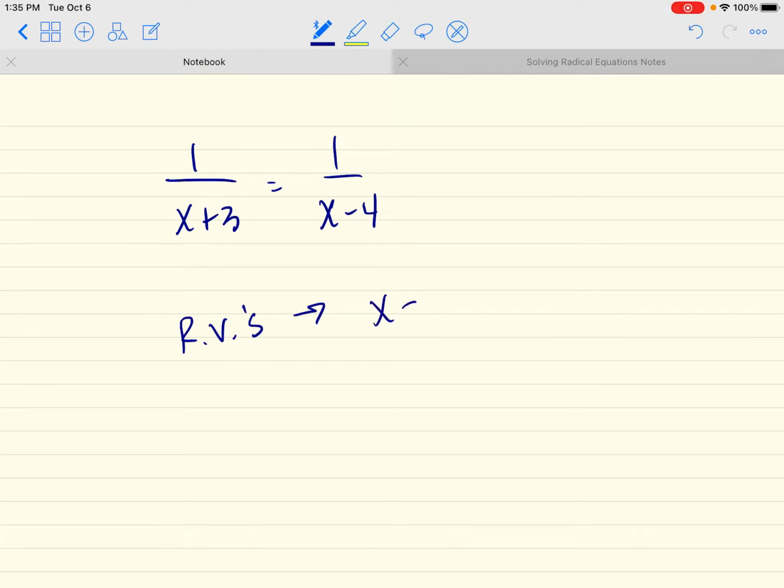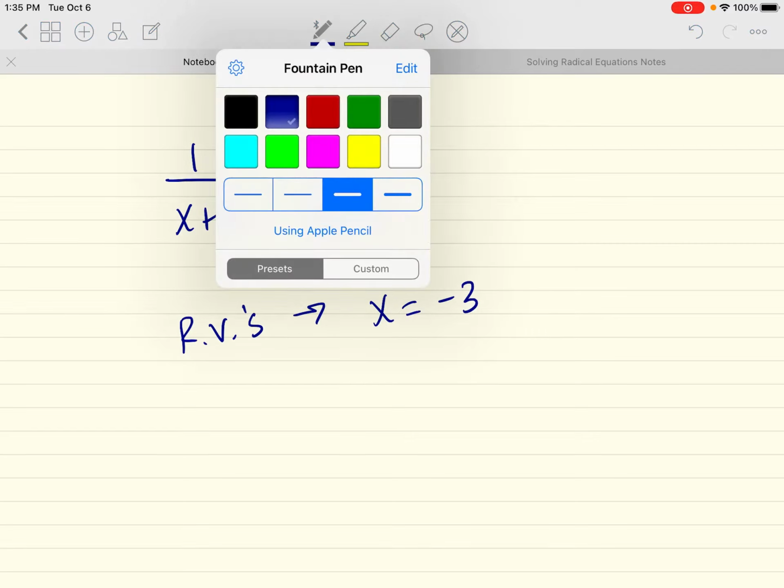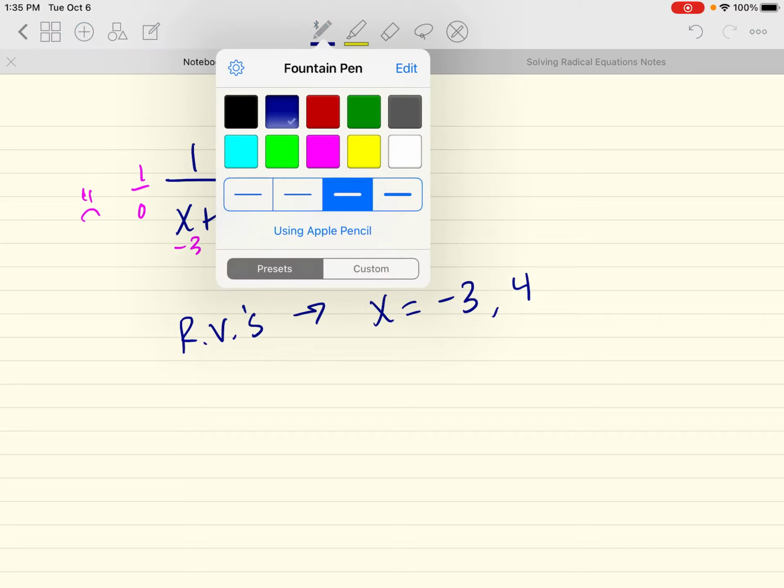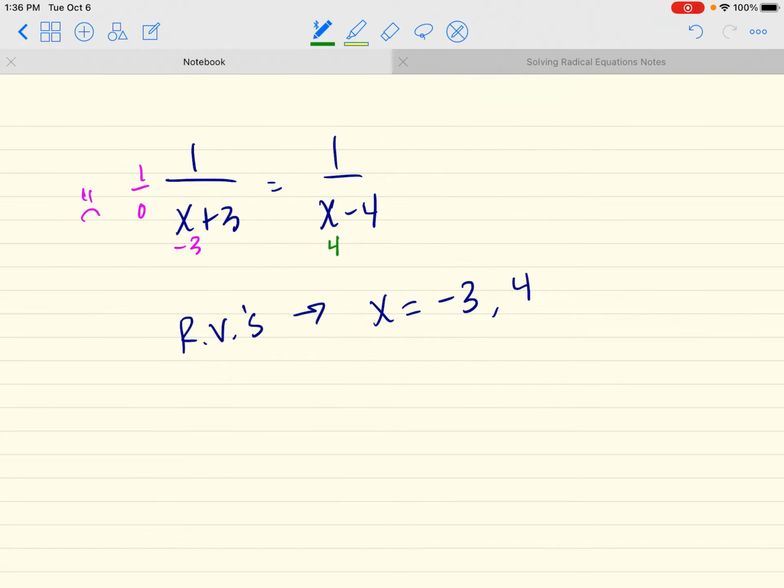We said x could not be a negative 3, because a negative 3 and positive 3 would make this denominator equal 0, which was no good. Okay, and we said x could not be a positive 4, because if I put a positive 4 into this denominator, 4 minus 4 again would make 0 in the bottom. That's no good. It's undefined.